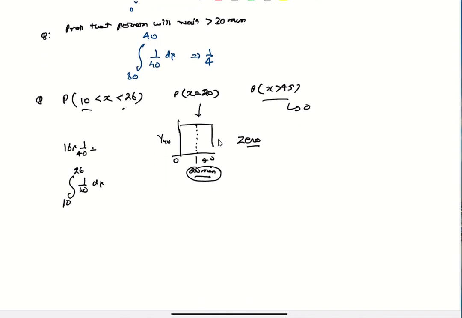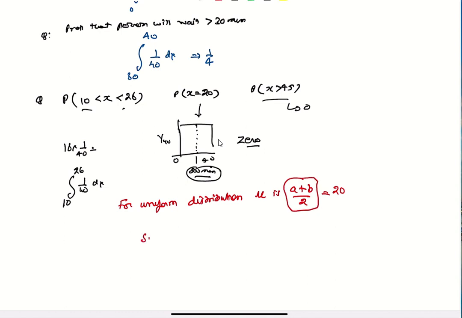Now there is this question, what are the mean and standard deviation? What is the mean time they're going to have to wait for a uniform distribution? The mu is a plus b upon 2, so that is going to be 20. So that is the mean value for the uniform distribution.